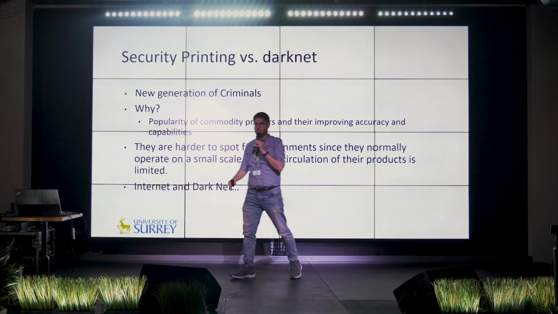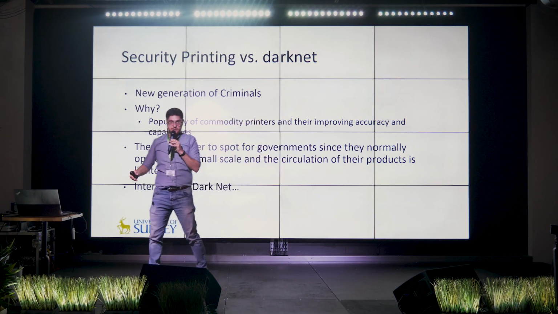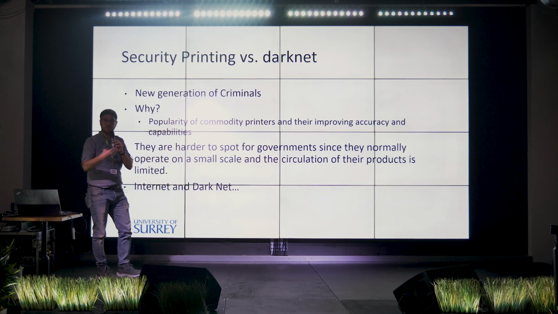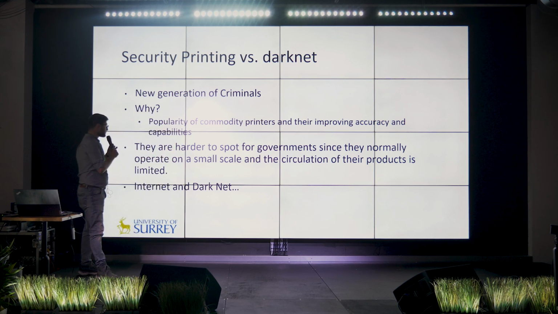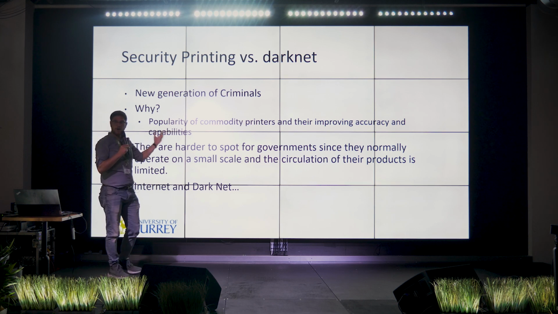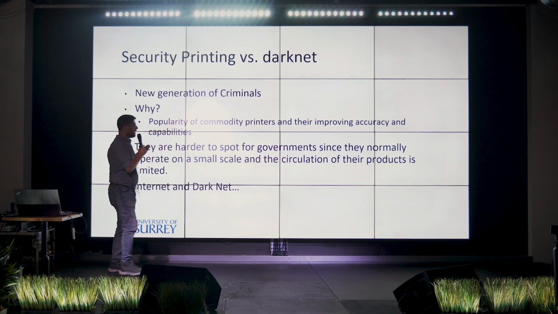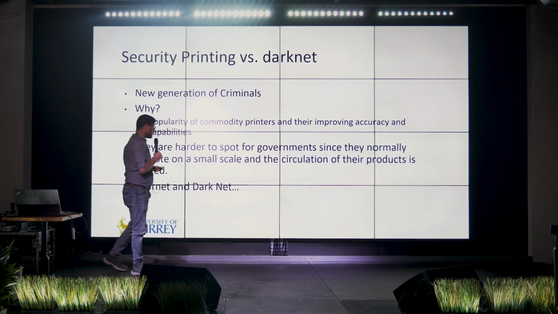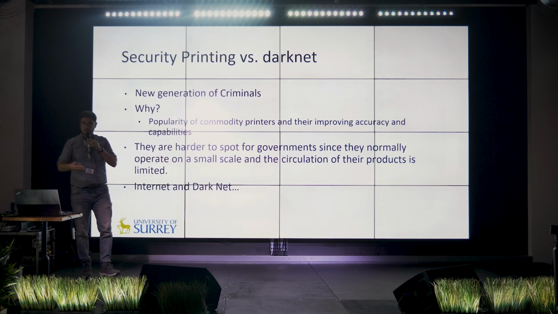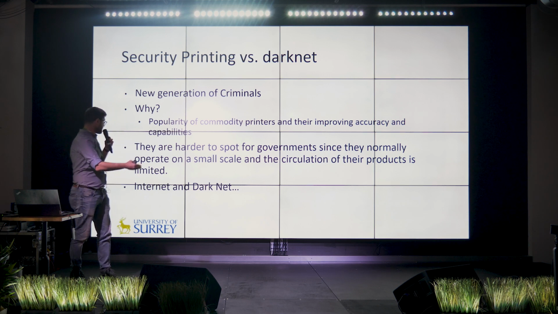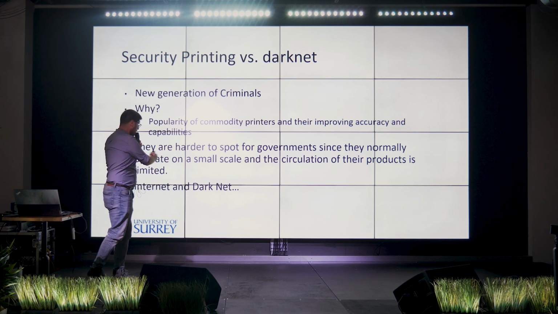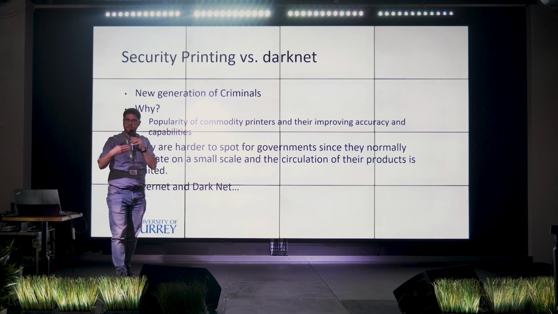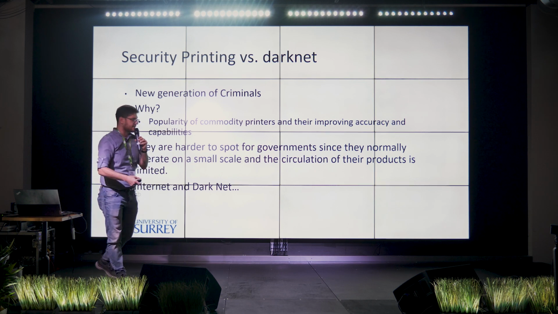They are getting really good at printing genuine-looking stuff, they are quite accurate, and at the same time they are cheap to acquire. Also, because they are normal people, for governments they are really hard to spot. And of course, anonymous transactions such as blockchain, Bitcoin or the darknet make it more complicated because they make the criminals anonymous at the same time.